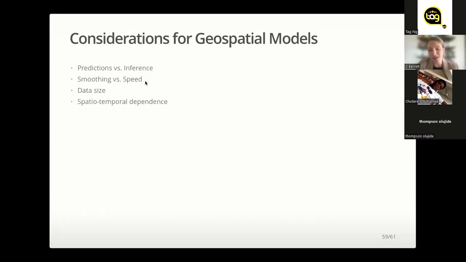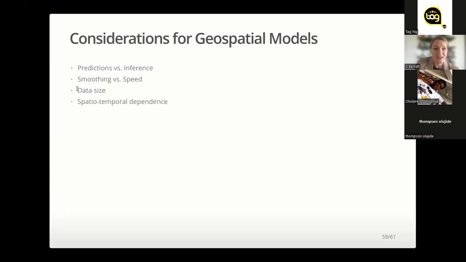So I have a few notes here. How you want to model your data is going to depend on whether you are thinking about predictions or inferences. I really only covered inference very briefly, as it relates to covariates, and inference in terms of how well my predictions are doing. Smoothing versus speed: if we smooth over and have fewer bases in our reduced rank methods, then that's faster, but it's maybe not able to capture some of the variability that we would see.